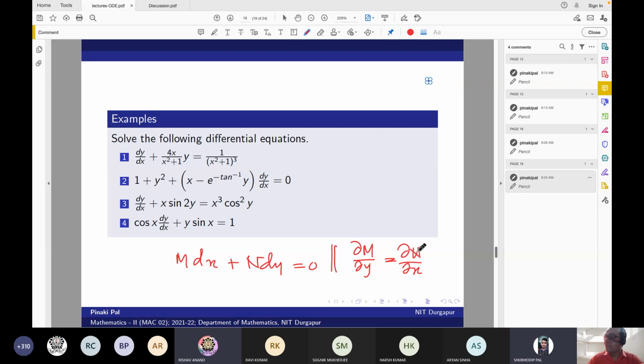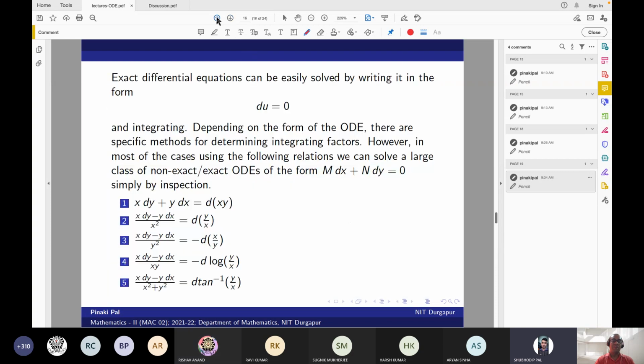M dx plus N dy can be written as the differential of u, where u is a function of x and y. For that, use the differential relations. You can arrange the differentials in such a way, using the differential relations I have mentioned here.